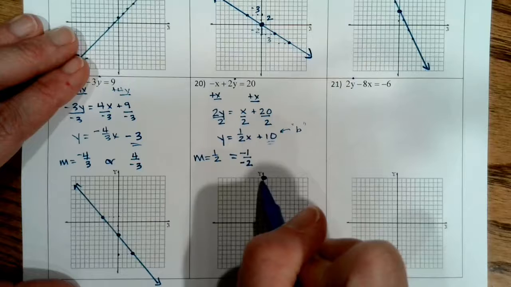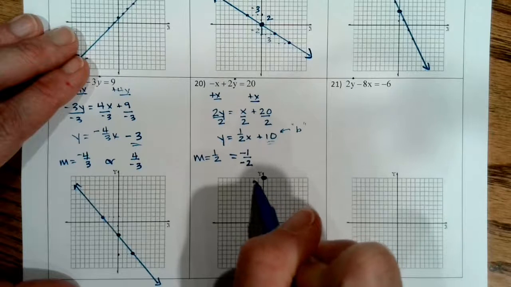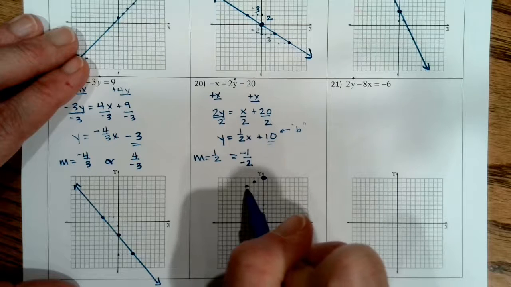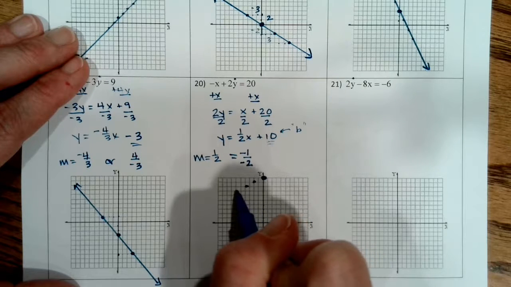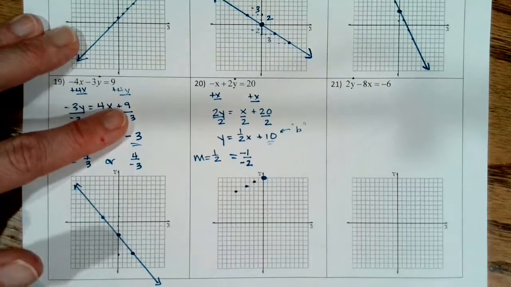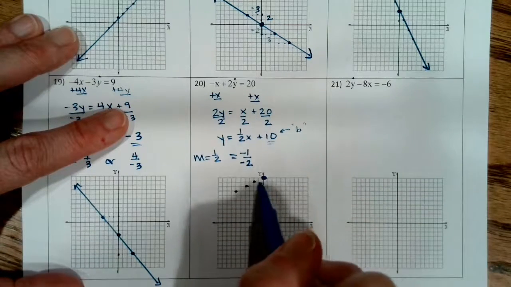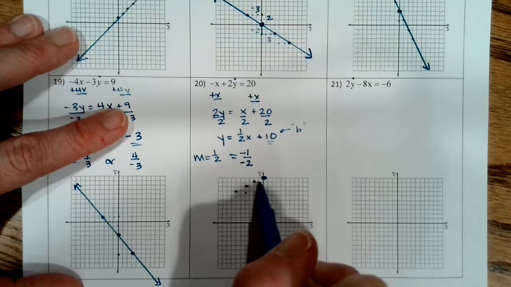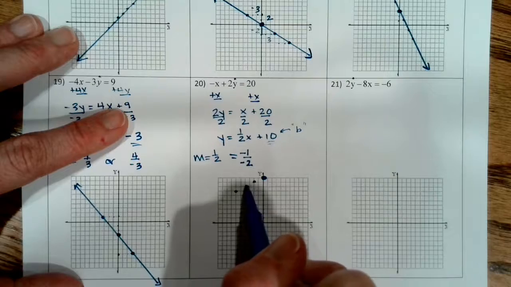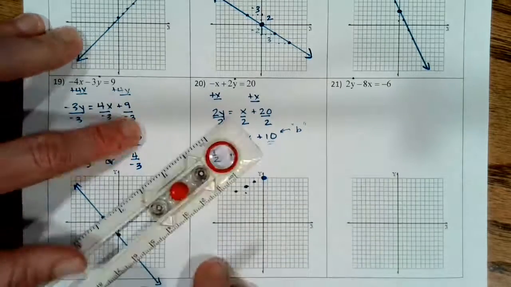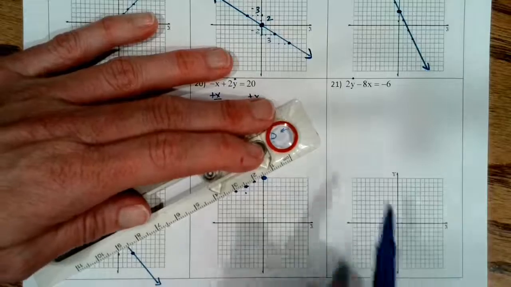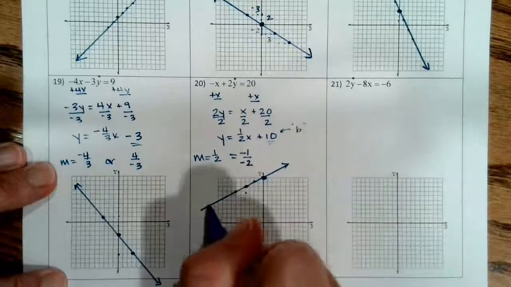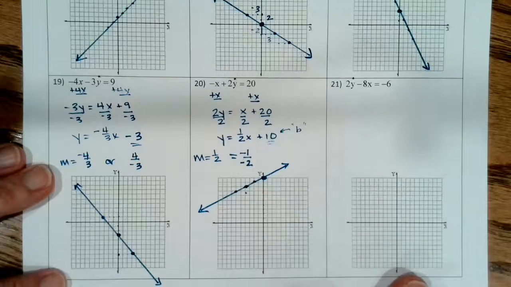So a fall of 1 and a run of negative 2, again and again, allows me to see, fall of 1, run 2. This one's a little off. There you go. It allows me to use my straight edge and see that this line can be graphed that way.